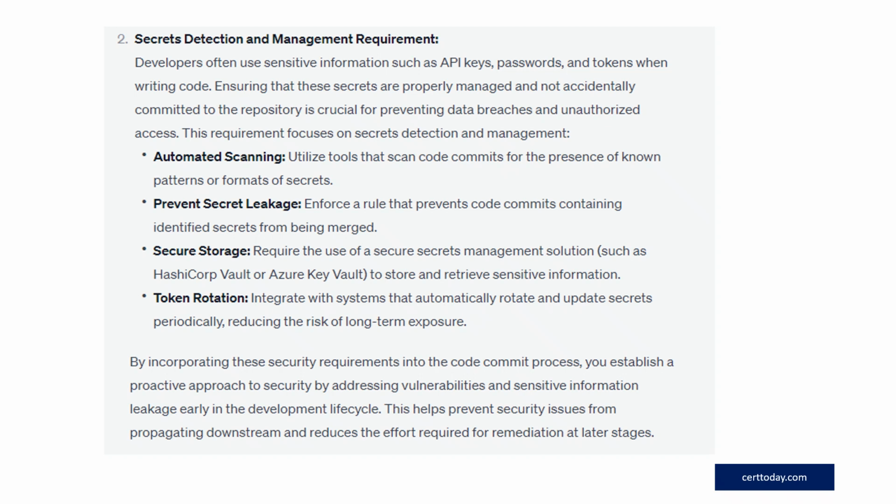By incorporating these security requirements into the code commit process, you establish a proactive approach to security by addressing vulnerabilities and sensitive information leakage early in the development lifecycle. This helps prevent security issues from propagating downstream and reduces the effort required for remediation at later stages.